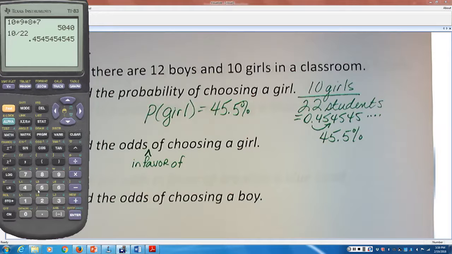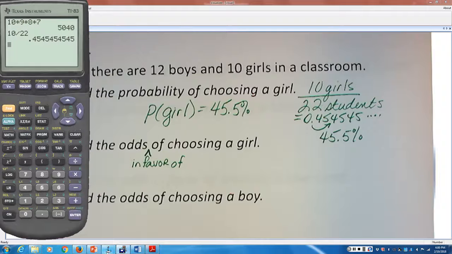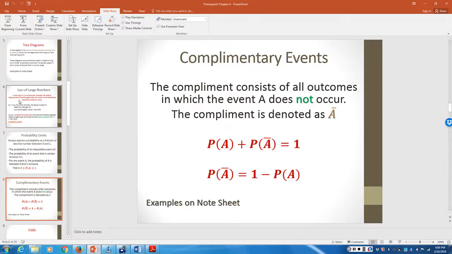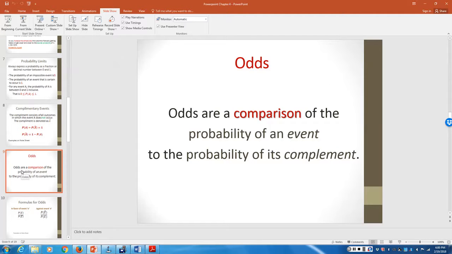There's odds that favor an event, and then there's odds against the event. So if you want to find the odds that favor an event, it's basically the comparison of the probability of an event and the probability of its complement.